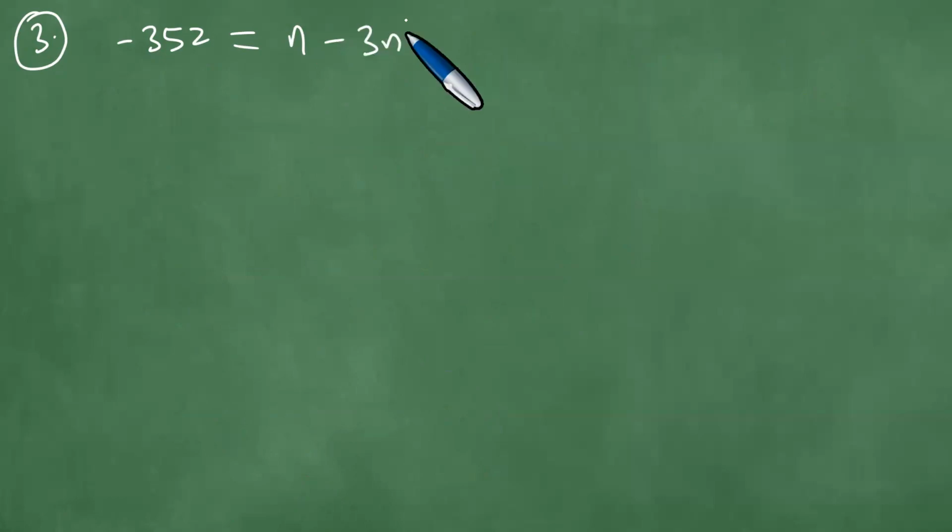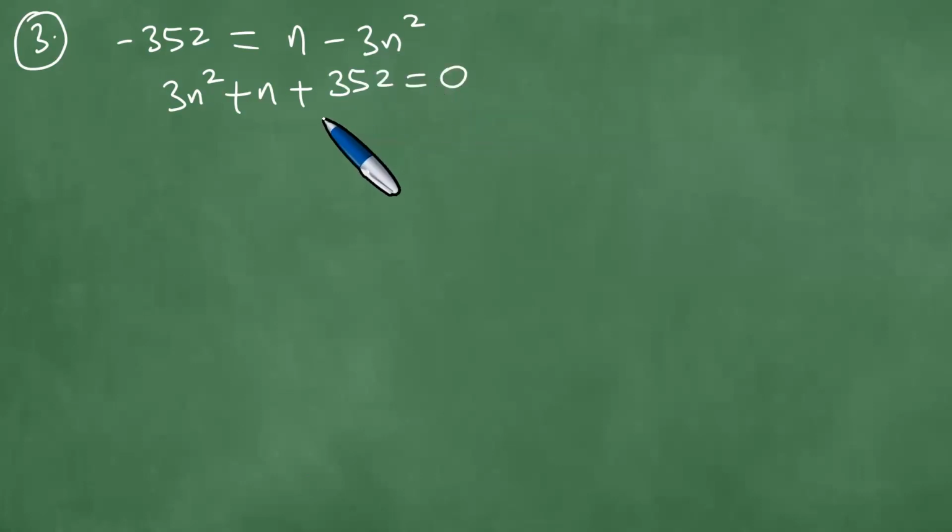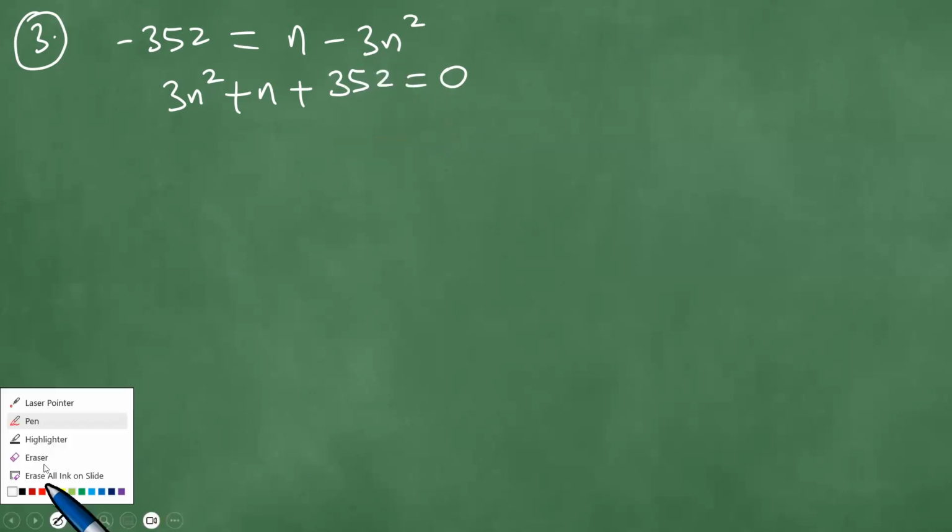N minus 3n squared. Transposing the n squared, we have 3n squared plus n plus 352 equals 0.